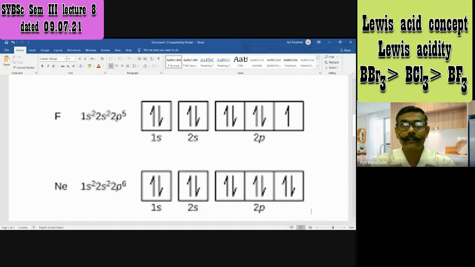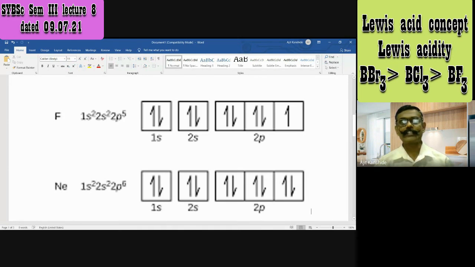Atomic number 10. Electronic configuration 1s2, 2s2, 2p6. First electron, first window, second window, third window, fourth electron neighboring the first window electron. Fifth electron neighboring the second window electron. Sixth electron will neighbor the electron in the third window. That's the electronic configuration of neon. There is no unpaired electron.